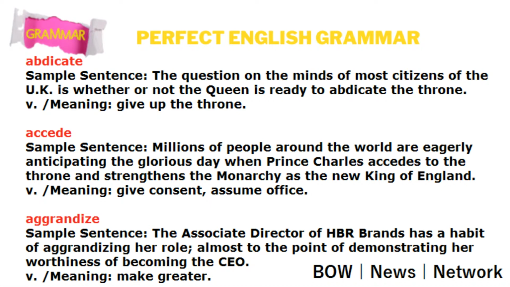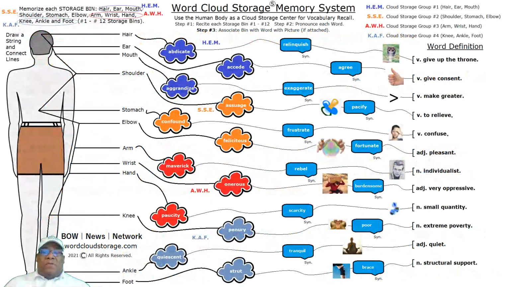For accede, the first keyword would be prince, and the second keyword would be king. So you can make the association between the prince becoming a king, which would mean to assume office. So there you have it. That is the way you would want to structure your vocabulary recall sheet as far as keywords.